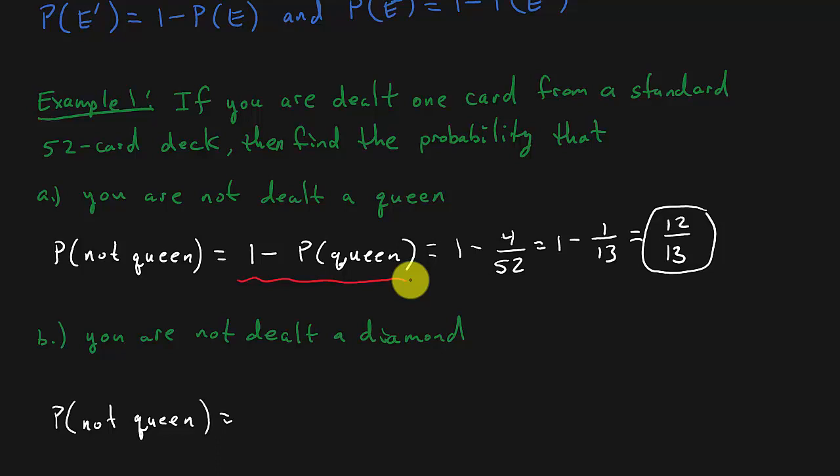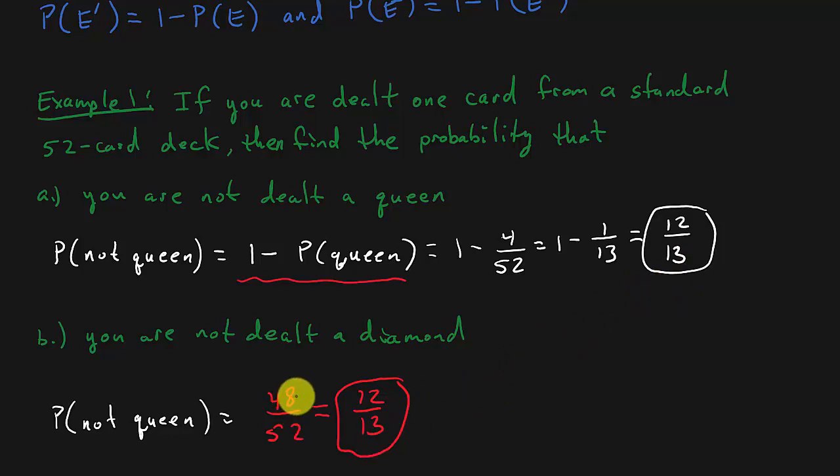We know there's 52 cards in the deck, and there's 4 queens. So that means 48 of the cards are not queens, and we put that over 52. If we do 48 over 52 and reduce that, that gives us 12 over 13. So you're going to get the same answer either way.